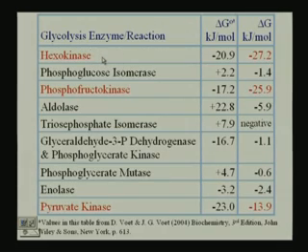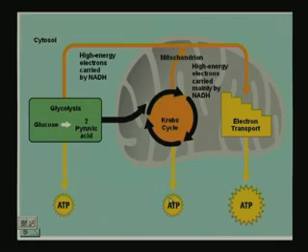So, we have our hexokinase, phosphofructokinase and pyruvate kinase that result in large negative delta G values. And it is these reactions that are actually irreversible in the steps.